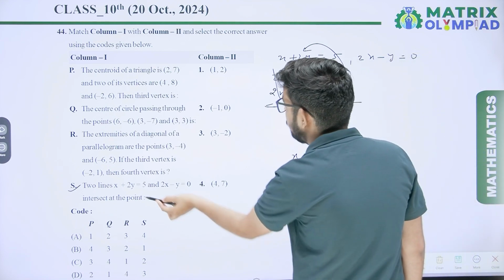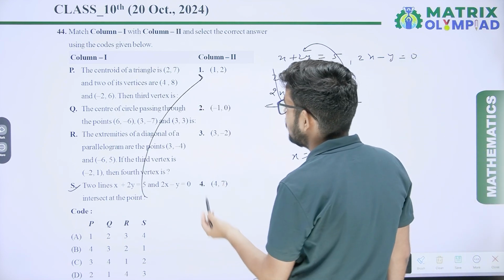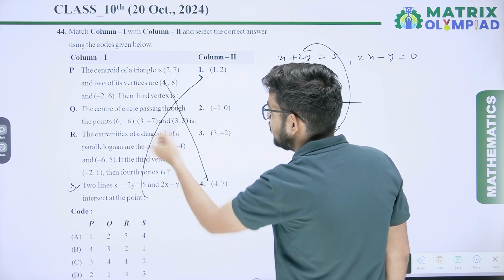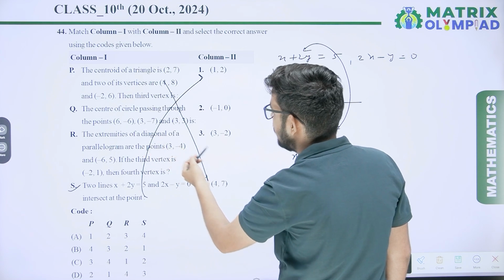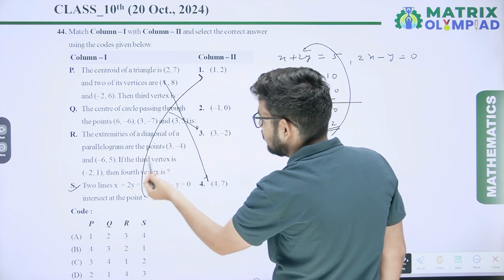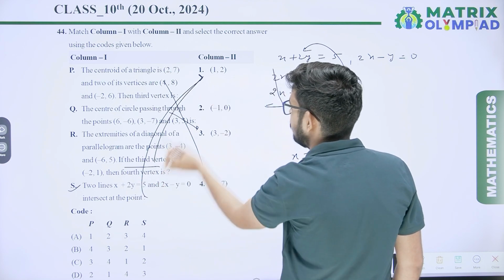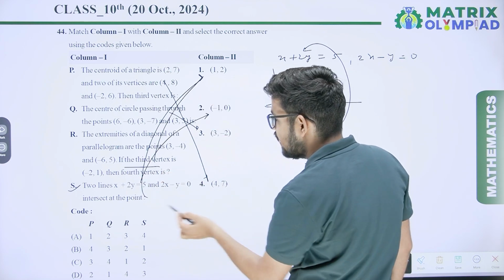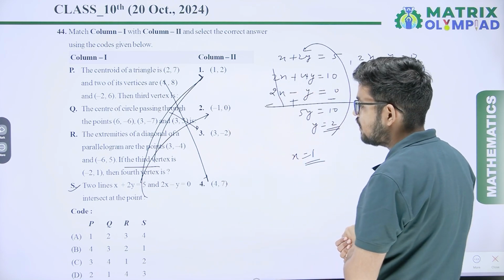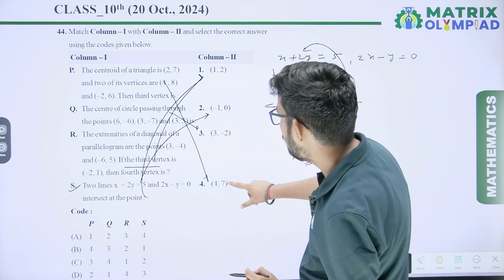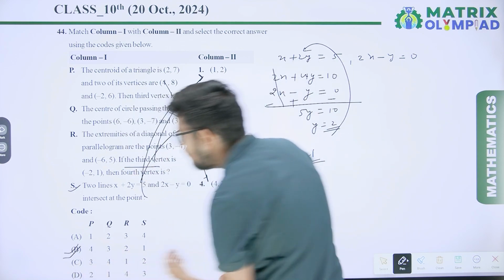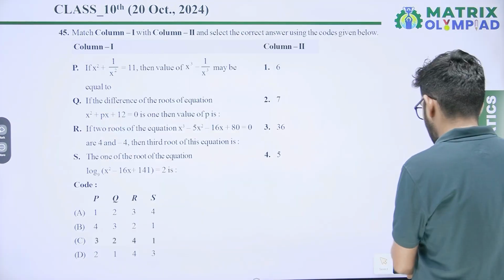So they will intersect at the point (1, 2). So the center of the circle is (3, -2), the fourth vertex is (-1, 0), and S will be the first, (1, 2). So our correct answer is 4 3 2 1. Option B will be the correct answer.